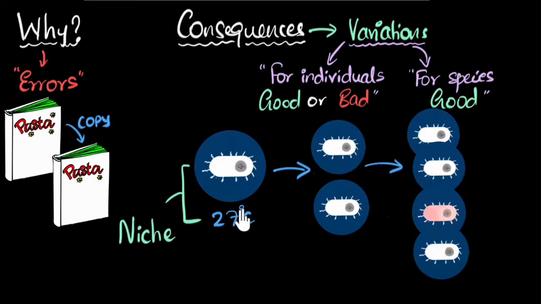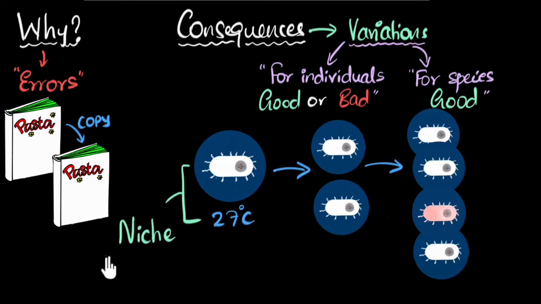So the ones that fit in this particular environment will keep on reproducing more and more. So you see, the species as a whole is not affected by bad variations, right? So bad variations do not affect the species.